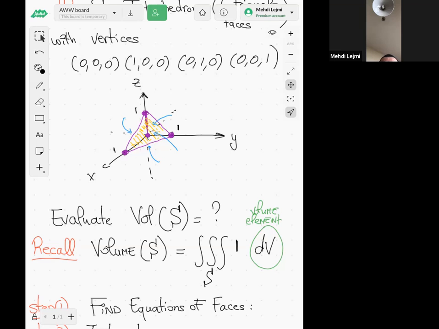It's not really hard to compute if you don't want to use the triple integrals. I think you can easily figure out the volume of this tetrahedron. All I'm saying is that your answer should be a positive number. If it's not positive, then something is wrong.